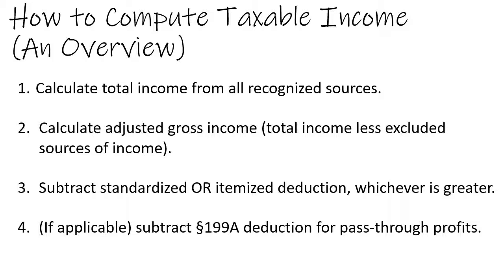In chapters 15, 16, and 17, we'll examine some of these exclusions. Step 3, subtract the standardized or the itemized deduction, whichever is greater. And step 4, if applicable, subtract the Section 199A deduction for pass-through profits. We'll briefly look at step 4 when we consider pass-through entities and sole proprietorships in chapter 10.